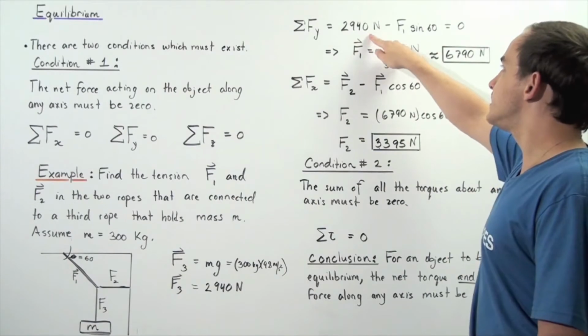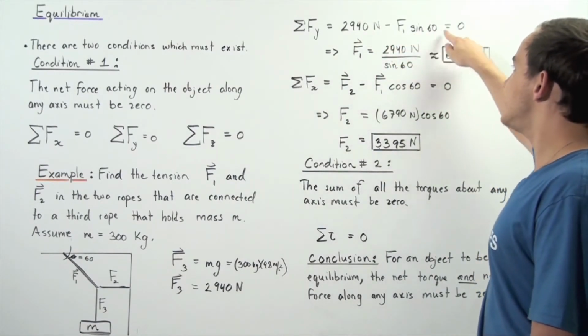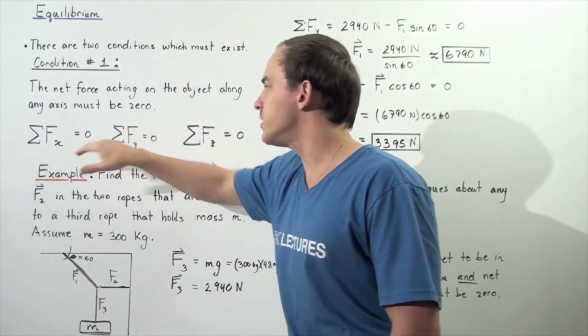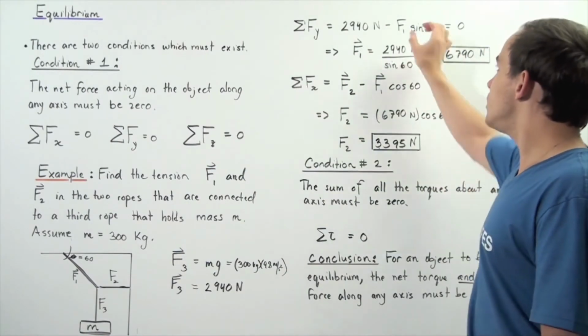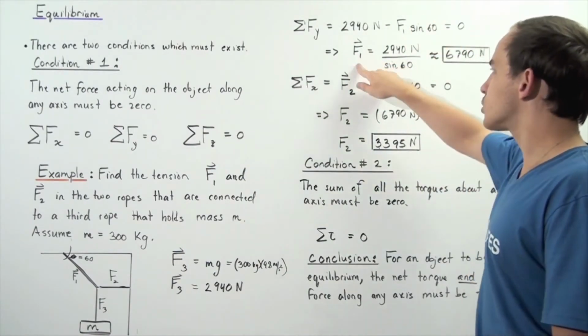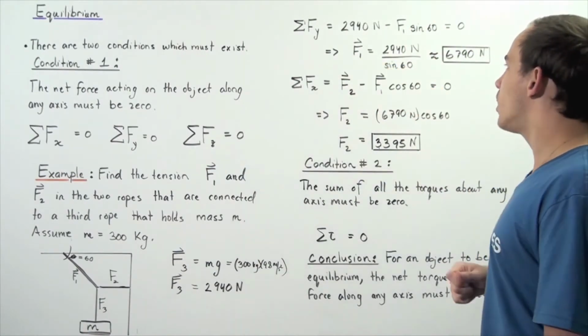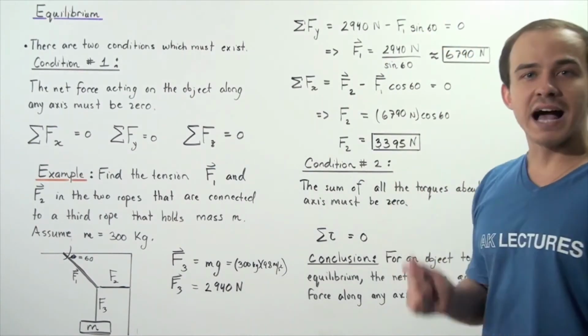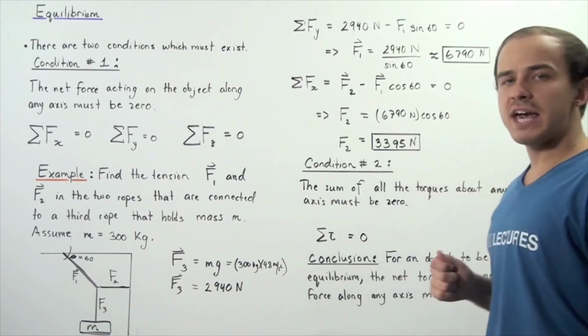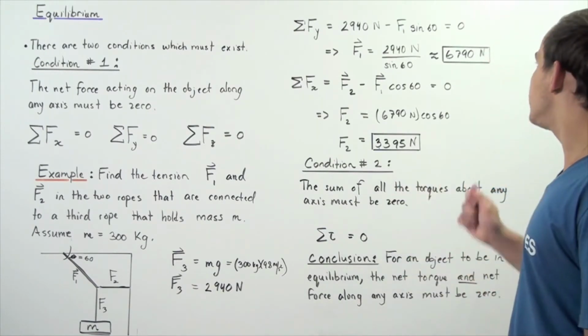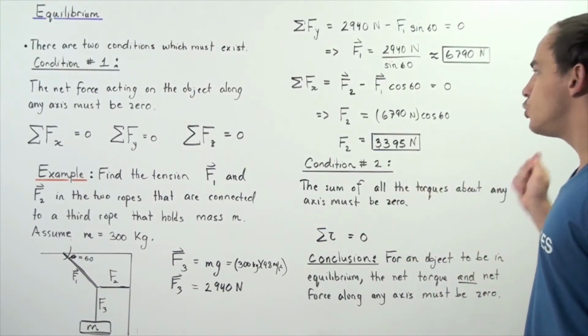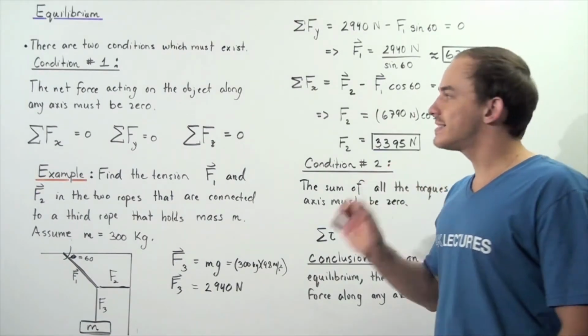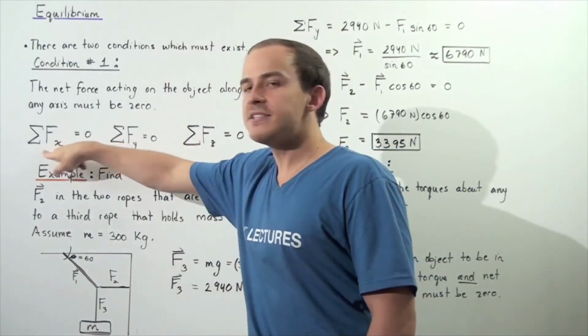So this quantity minus F1 sine 60 is equal to 0 according to this equation. Now we rearrange and solve for force 1, and we find that force 1 is equal to 2,940 newtons divided by sine of the angle 60, and we get approximately 6,790 newtons.